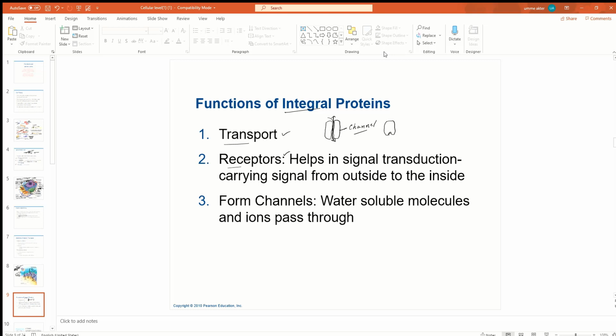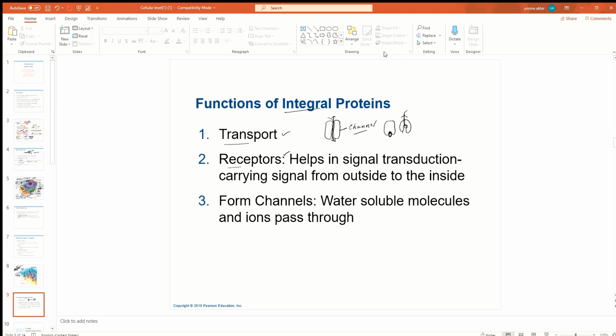A molecule that should be transported through the cell membrane will first sit here, and then this integral protein will change shape and will take the molecule inwards like this, and eventually will take it inside. So by changing the shape, first the molecule will bind, then the integral protein will change shape and then push it to the inside.